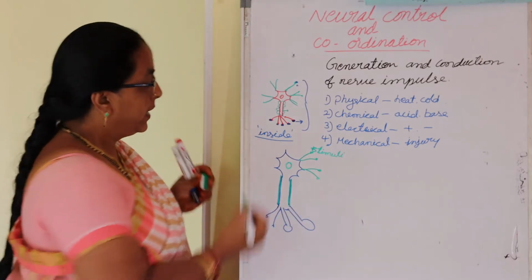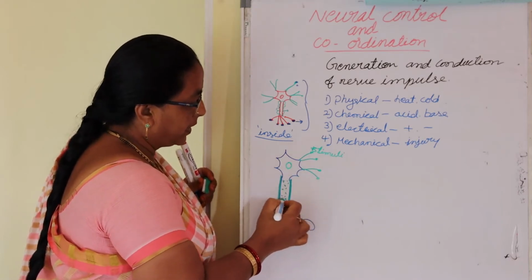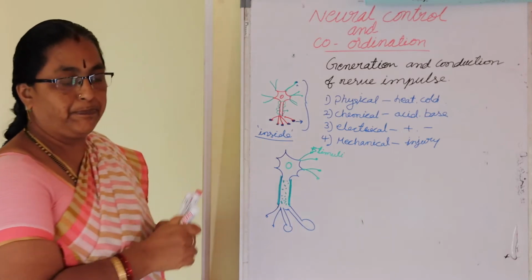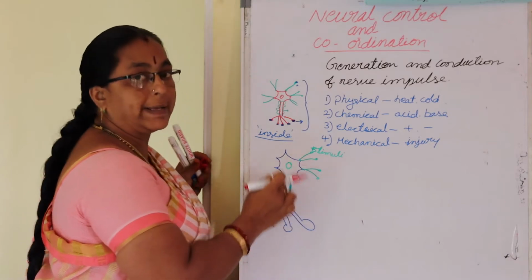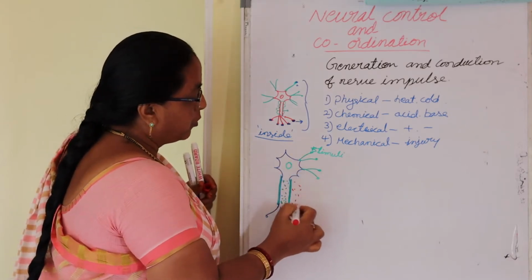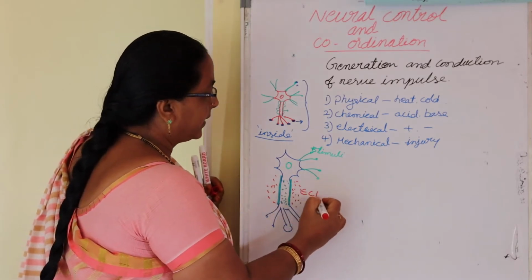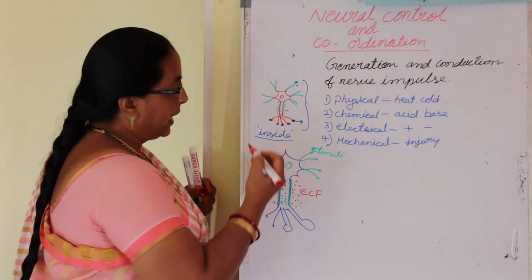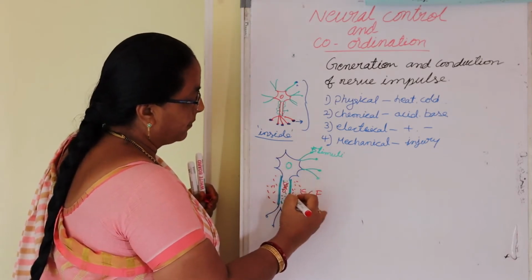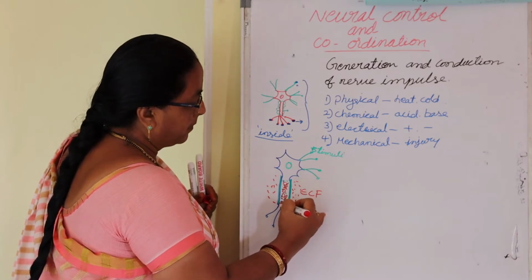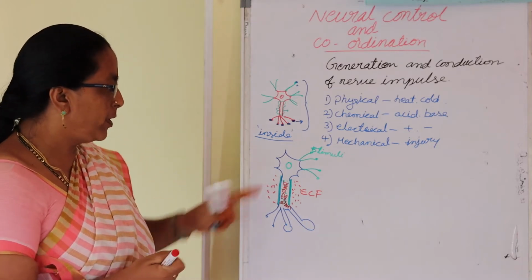Axon membrane. Inside of the axolemma there is a fluid, that is axoplasm, and outside of this membrane or axolemma extracellular fluid is present. This is extracellular fluid, and inside this is axoplasm. This is very important to understand.